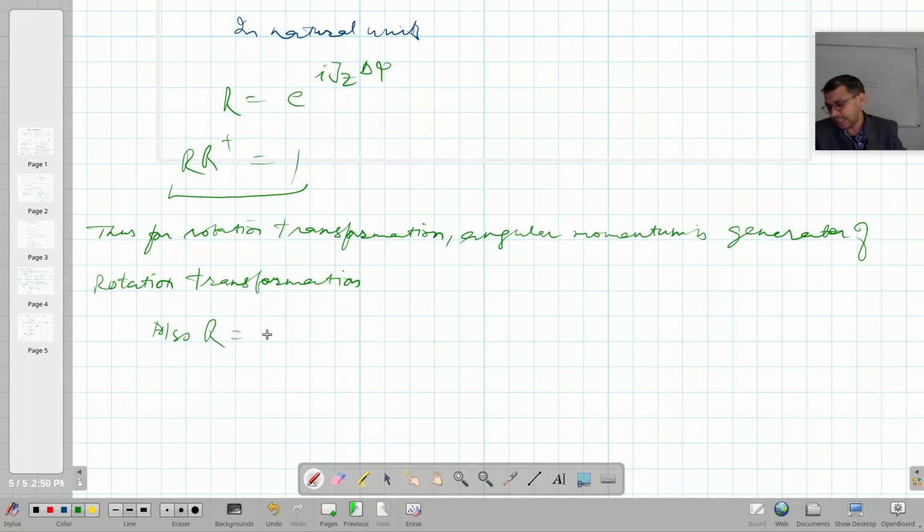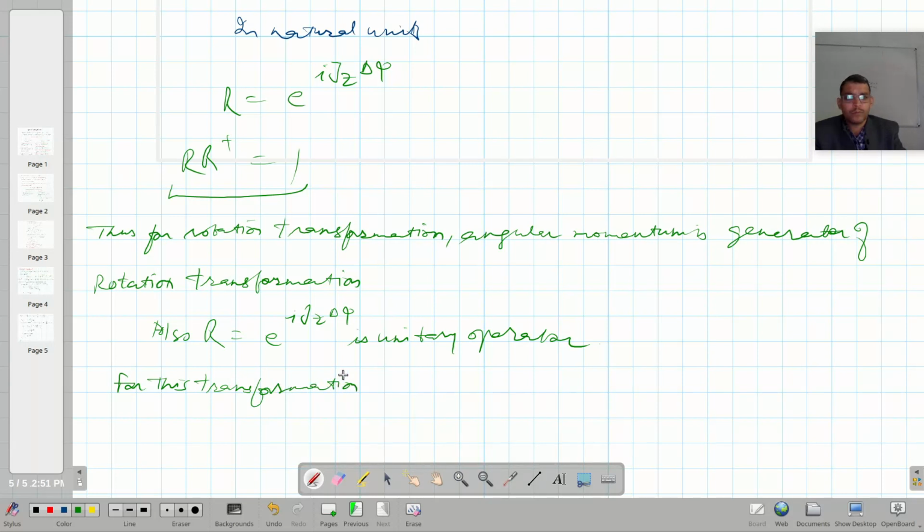Also R, equal to e raised to power iota Jz delta phi, is a unitary operator. And for this transformation, angular momentum is conserved.